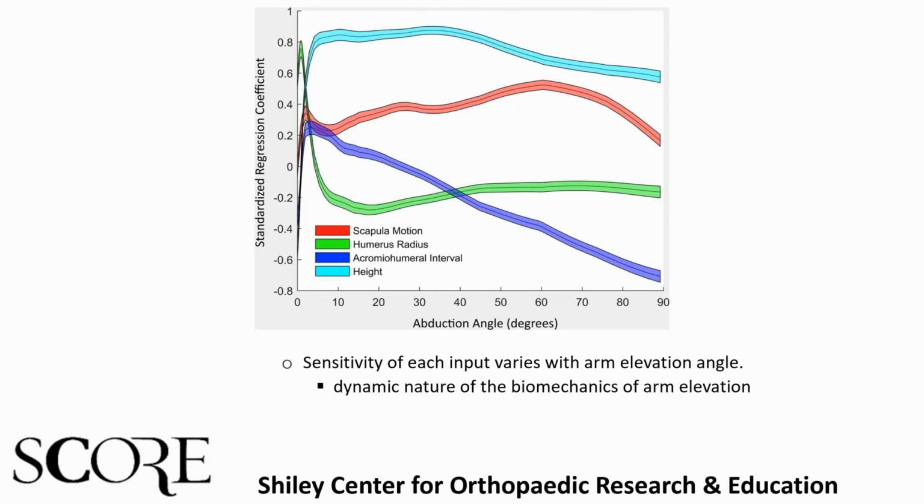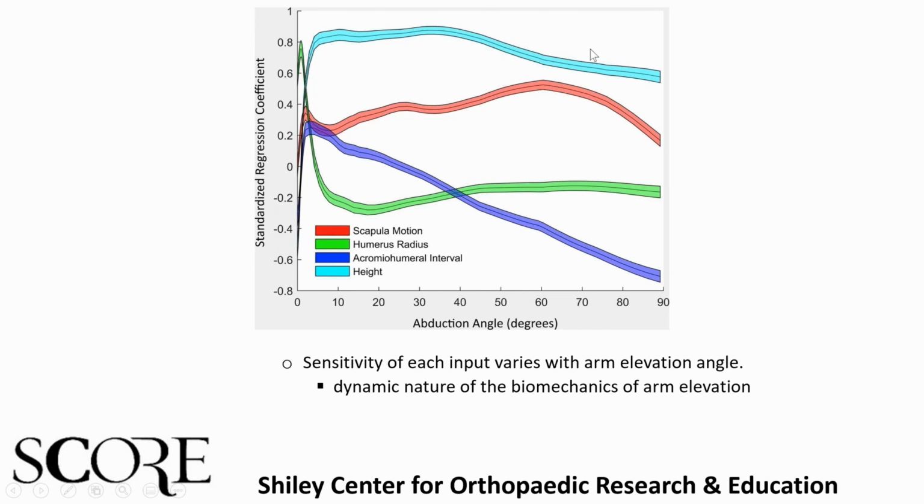And here is the full sensitivity. So this is for every degree of joint elevation. In red is scapular motion, and you can see that the correlation is pretty strong, but also that it varies with arm elevation, which was not entirely expected.